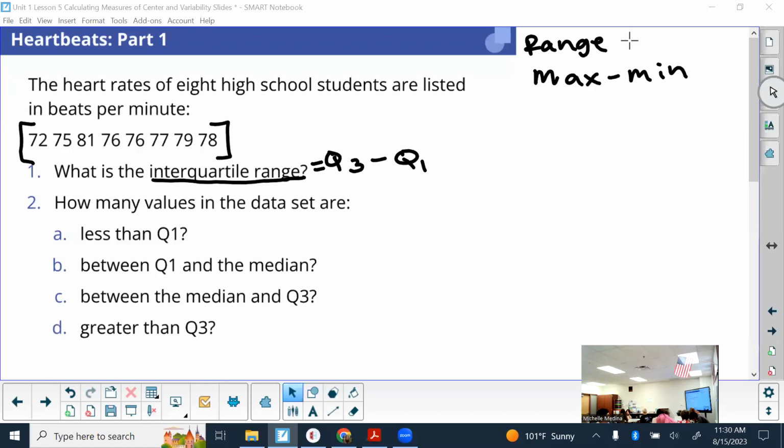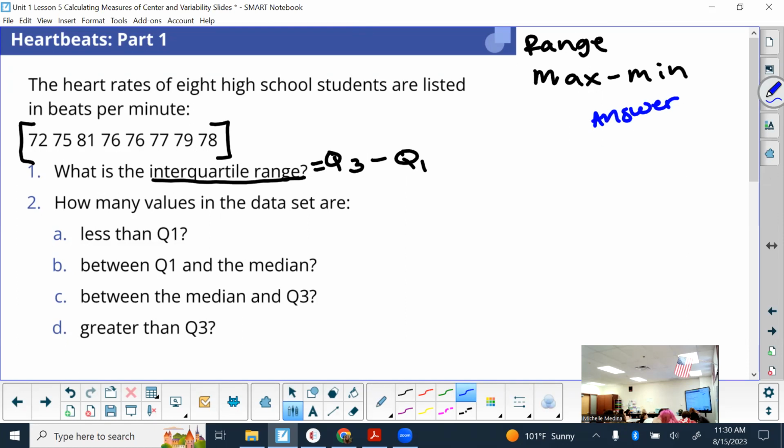Okay, I'm just going to survey the tables and see what answers are out there. Table 8, can you tell me your answer? Okay, we'll come back to you. Table 9. Table 1. Let's just see how many different answers there are. Table 1, what did you get? 3?